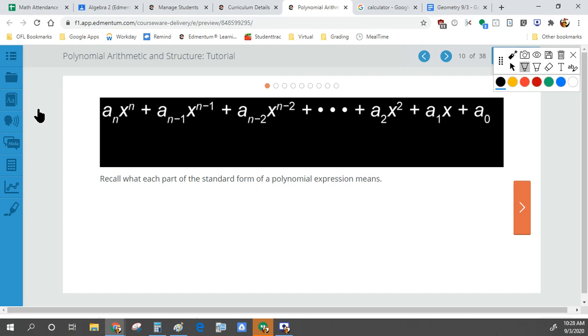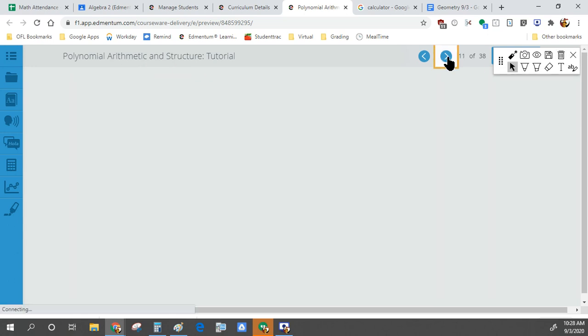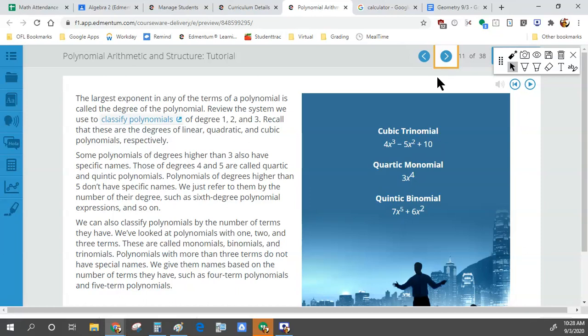By the way, I'm not sure if they've talked about this yet, but this highest power is called a degree. So the degree is known as the highest power. All right. So when we're doing this, a cubic has a highest power of 3, a quartic has a power of 4, a quintic has a power of 5.